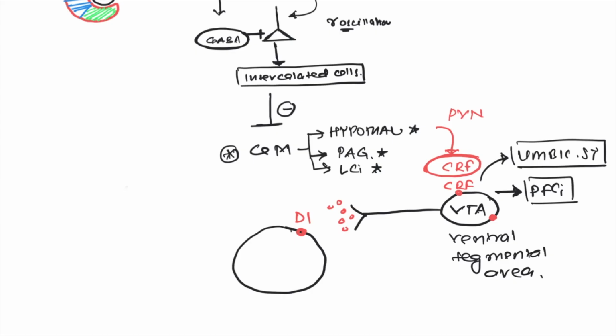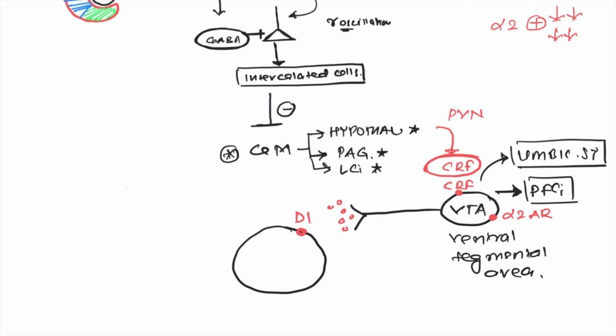Similarly, the dopamine neurons are also rich in alpha-2 adrenergic receptors. These are autoreceptors. What is an autoreceptor? When you stimulate an autoreceptor, let's say alpha-2, it will either decrease the firing of the neuron if present on the soma or somatodendritic region, the cell body, or decrease the release of the neurotransmitter when present on the terminal.